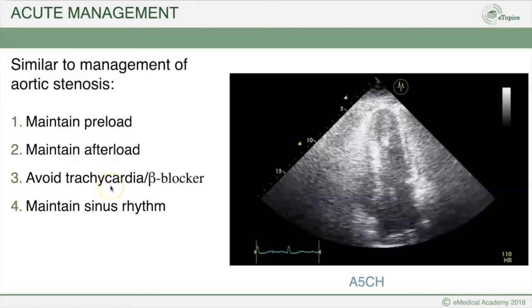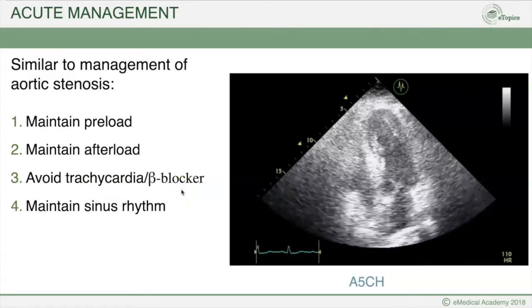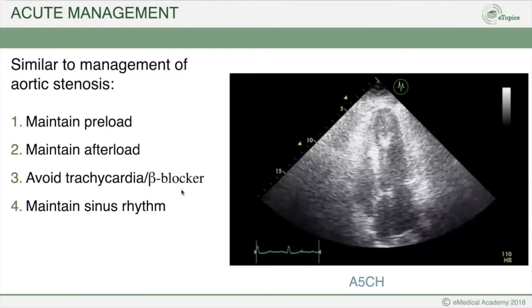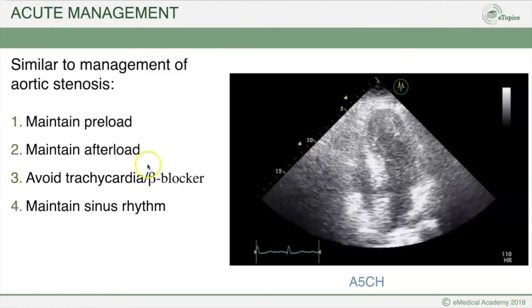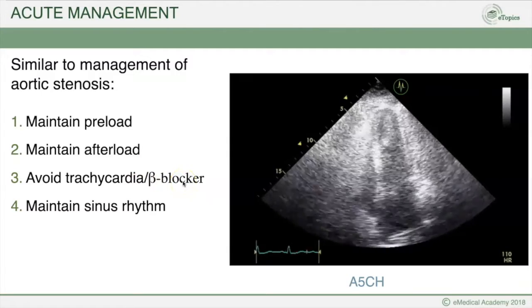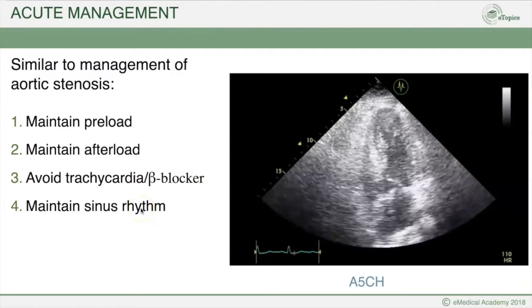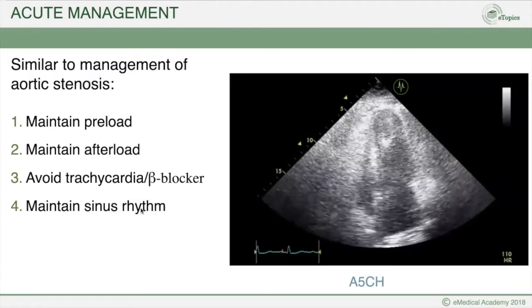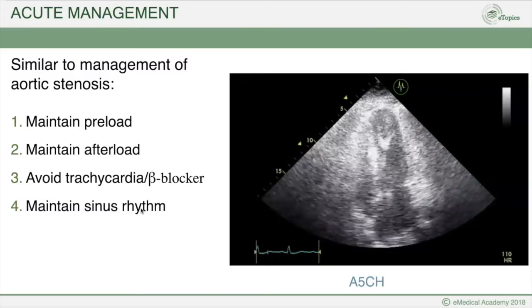Ideally, you want to avoid tachycardia and even use a beta blocker to increase inflow and filling time of the left ventricle as much as possible. Sometimes patients do not tolerate beta blocker, obviously, in these situations. And ideally, you want to maintain sinus rhythm, which is useful for LV filling, as opposed to rapid AFib, which can aggravate the situation.